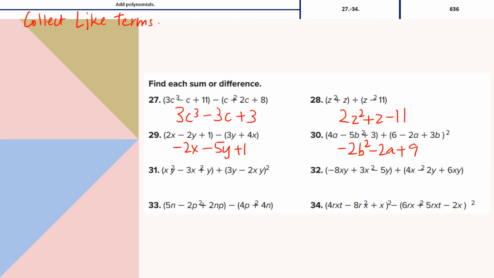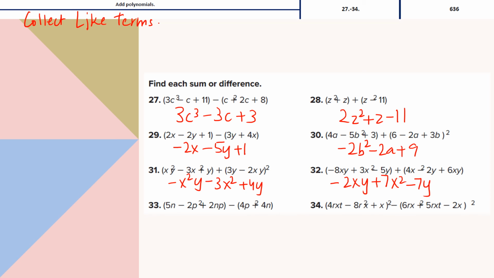The answer of 31 would be minus x square y minus 3x square plus 4y. The answer of 32 would be minus 2xy plus 7 square minus this.